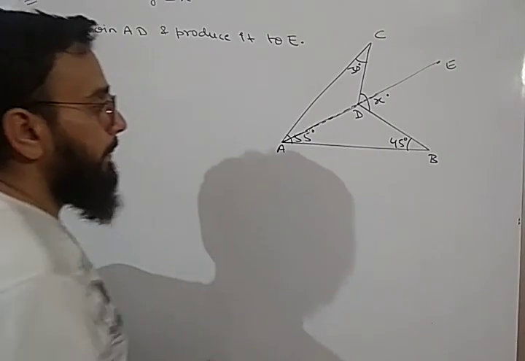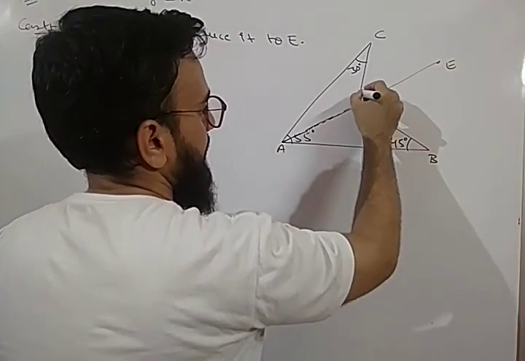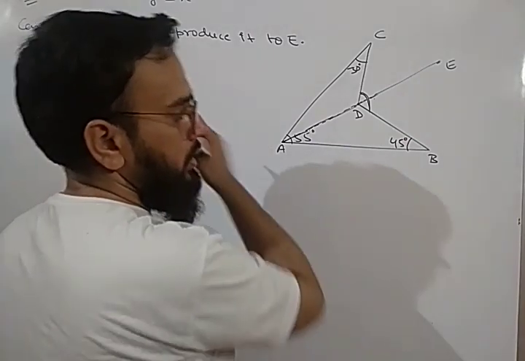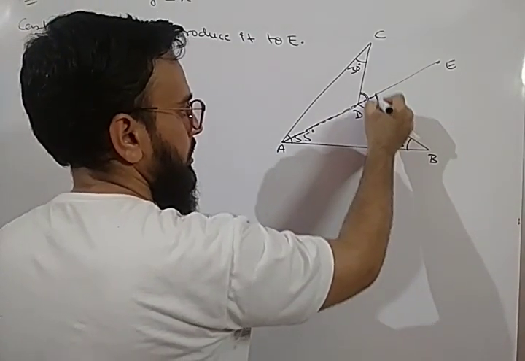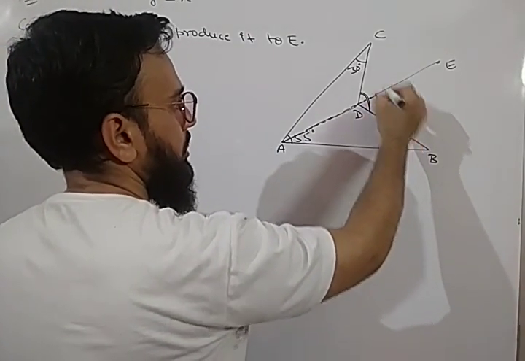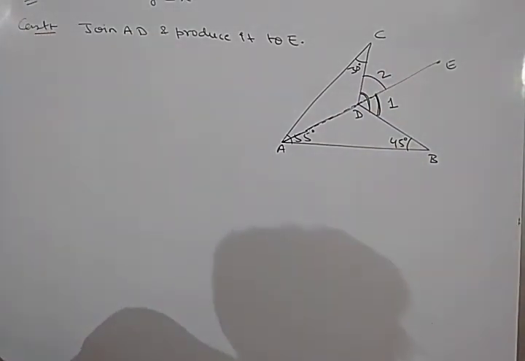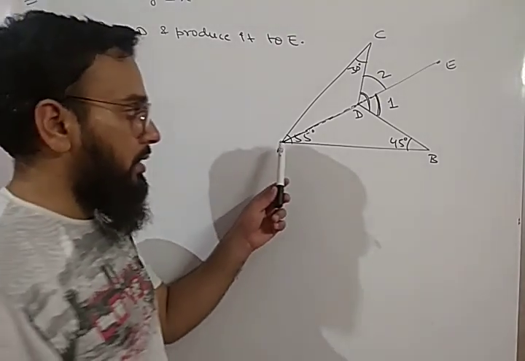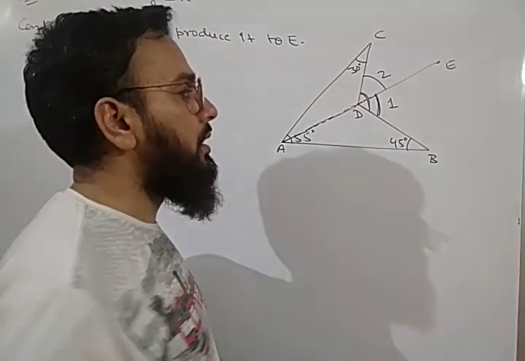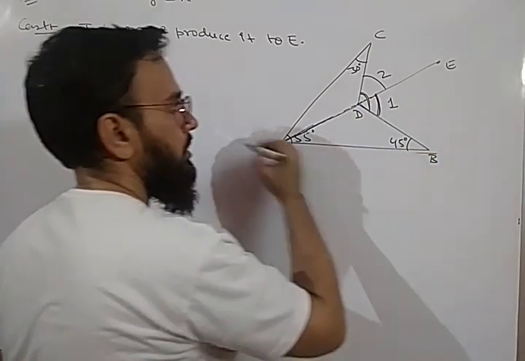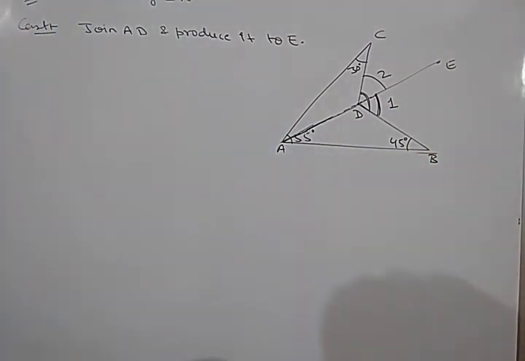Now this complete angle is angle X, which we have to find out. Let us consider this angle as angle 1 and this angle as angle 2. If you see the figure carefully, this is forming triangle ADB.